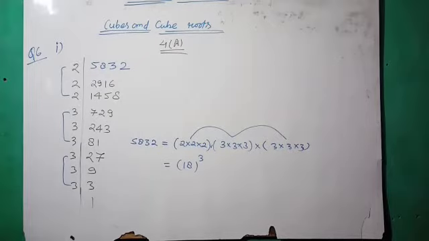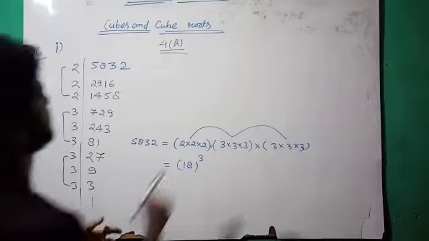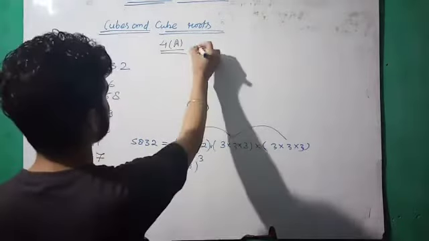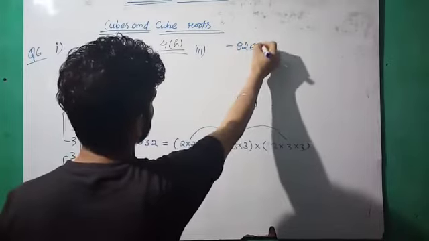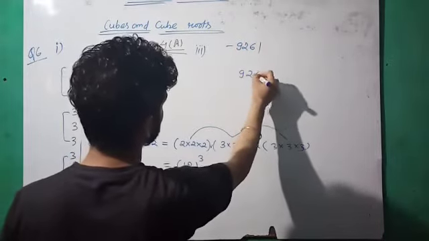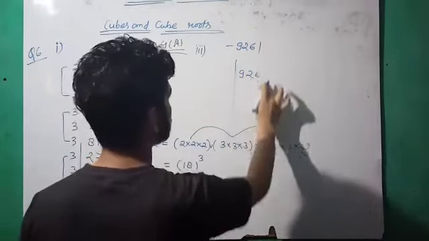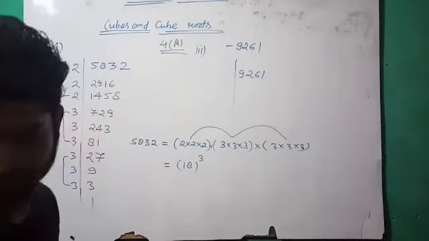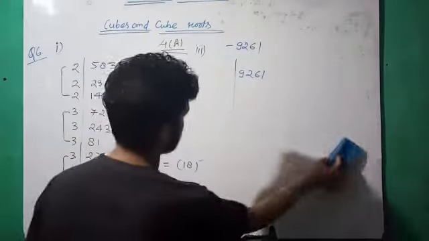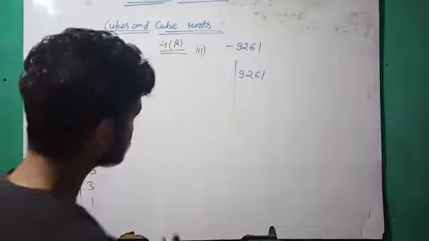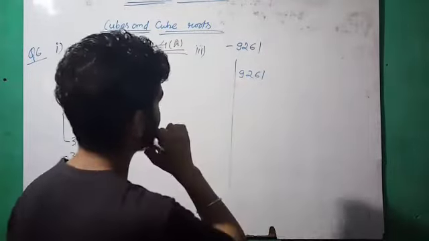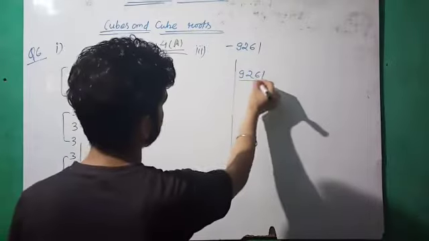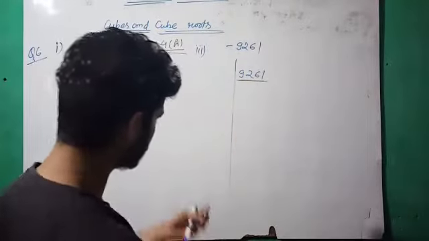So the third one, minus 9261. You have to find the cube root of 9261, then add the minus sign. 9261: first, this is divisible by 3 because the sum of the digits is divisible by 3.